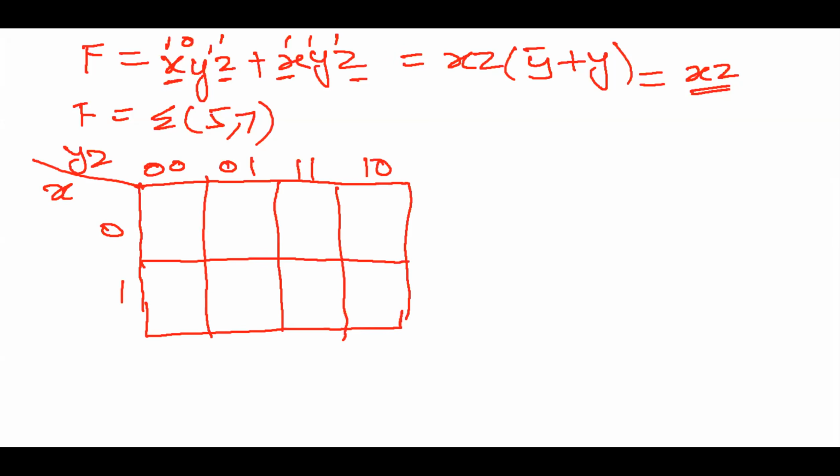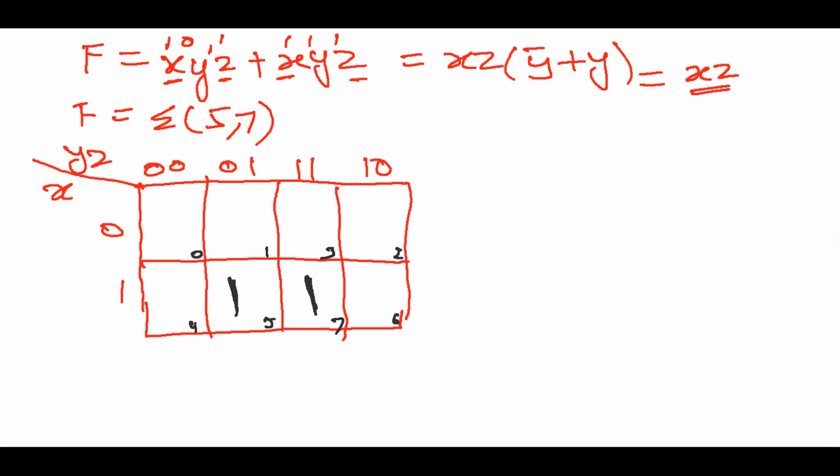As I mentioned, this is 0, 1, 2, 3, 4, 5, 6, 7. I'm writing small so that you get the idea where to place these minterm entries. Now you see 5 and 7. This is 5, just place 1 in this minterm, and this is 7, place 1 in this one.